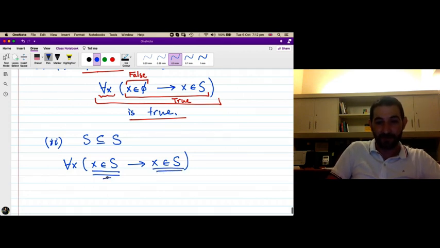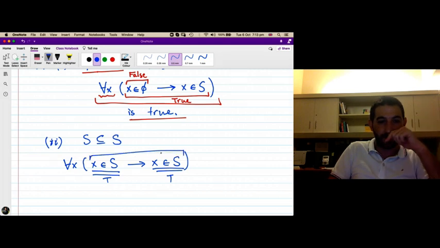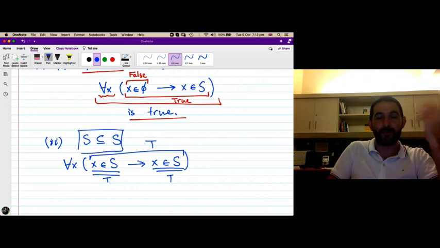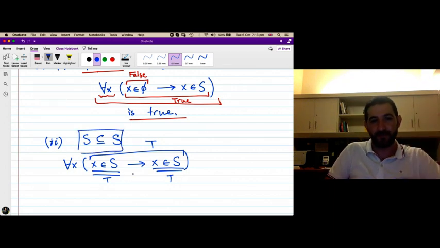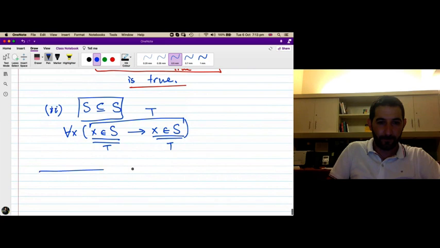So we proved that whenever the hypothesis is true, the conclusion is also true, which means that the whole conditional statement is true. So for every object X, whenever it is an element of S, it is also an element of S. In other words, every set is a subset of itself.